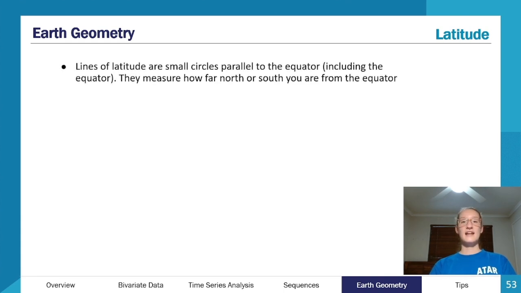So let's move into latitude. We've got our latitude and our longitude, and what they are is coordinates. Latitude is a coordinate for the position of how far north or south you are from the equator, and longitude is how far east or west you are.